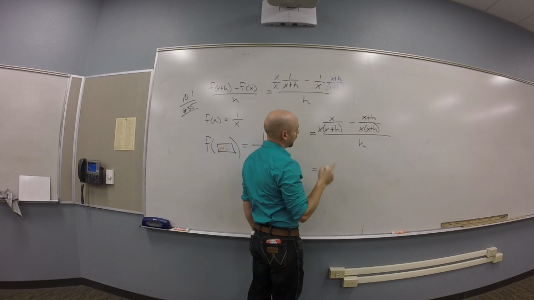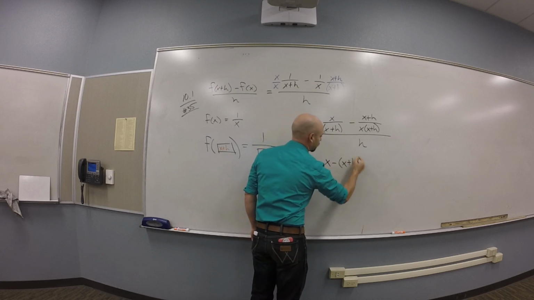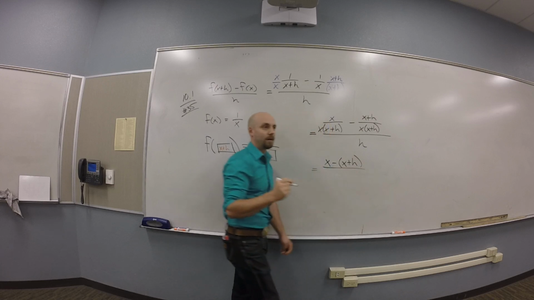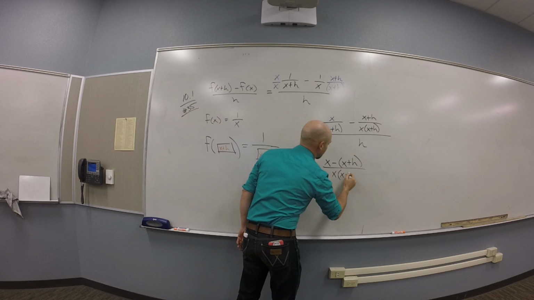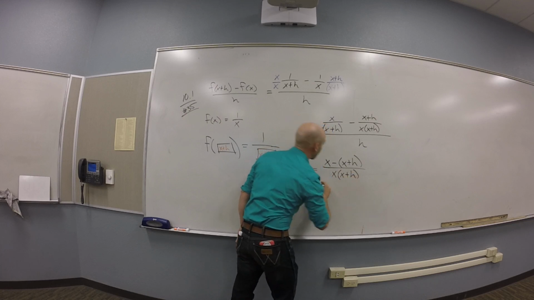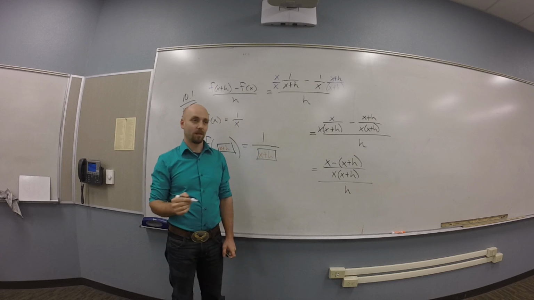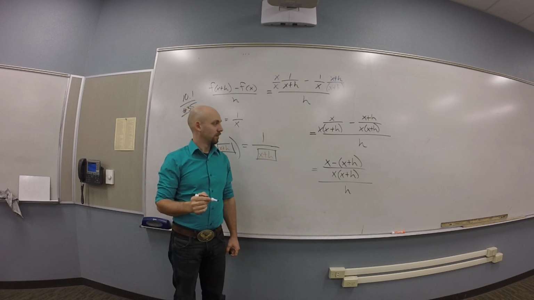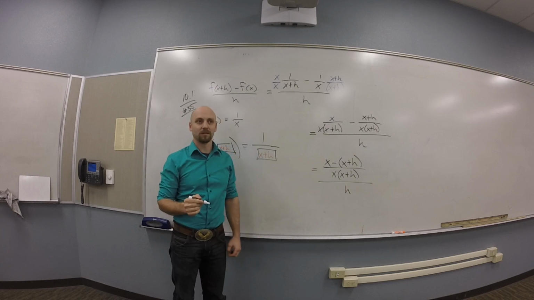So you've got x minus x plus h over x times x plus h, and all this junk is over h, right? So what's x minus x plus h?